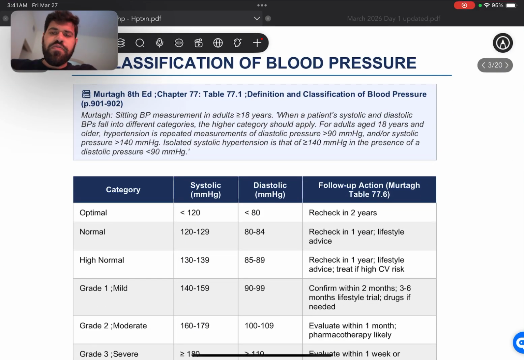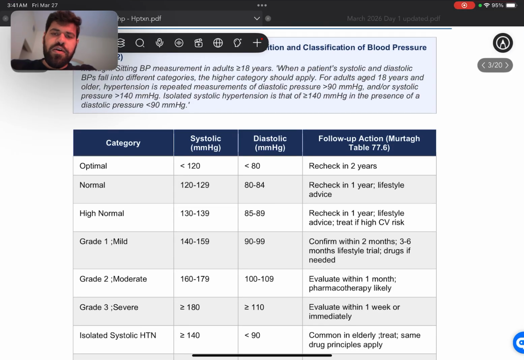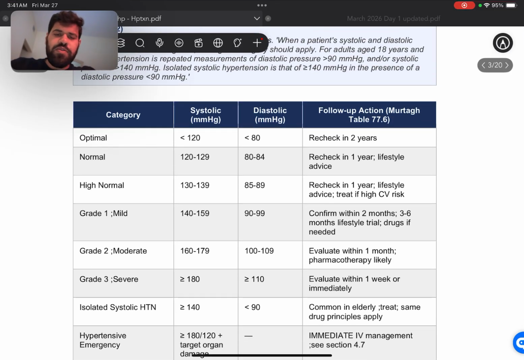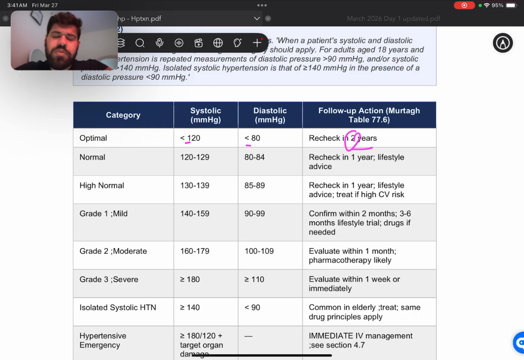Now we're coming to the classification. Optimal is systolic less than 120 and diastolic less than 80, and this we recheck in 2 years. If it's normal, that means systolic between 120 and 130 and diastolic 80 to 84, we check in 1 year, and we give them lifestyle advice.